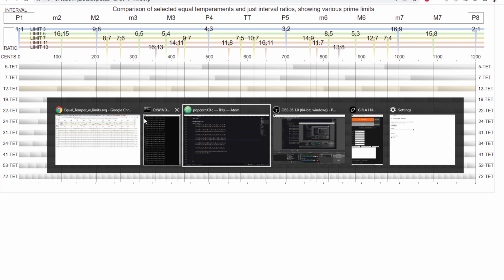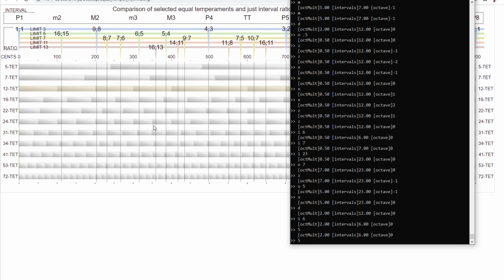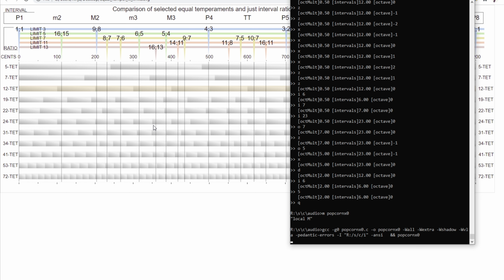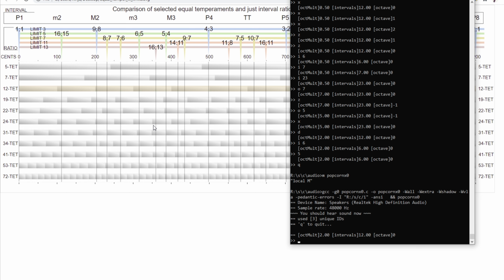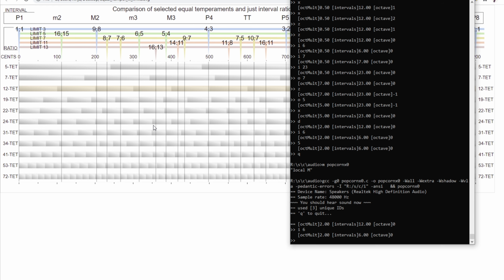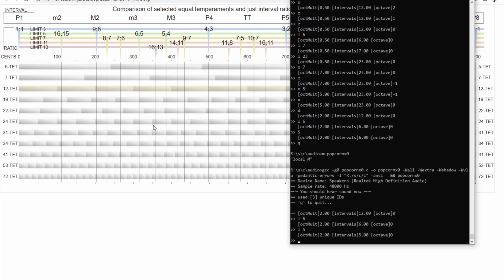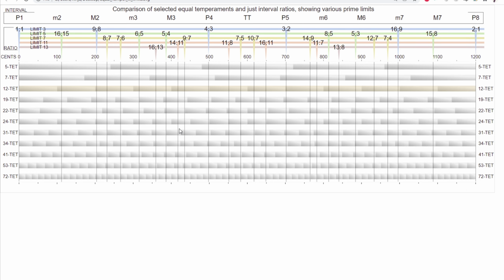Oh no, again. We were saying intervals 6, intervals 5 is getting smaller and smaller and smaller. So now it's about that small.